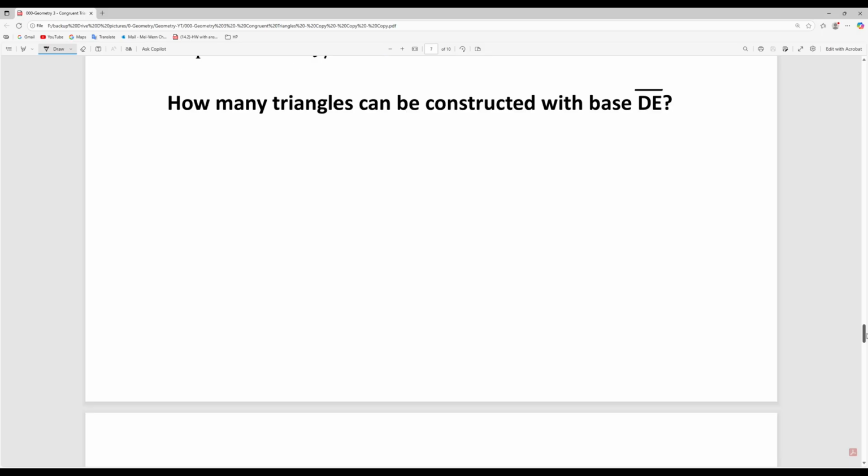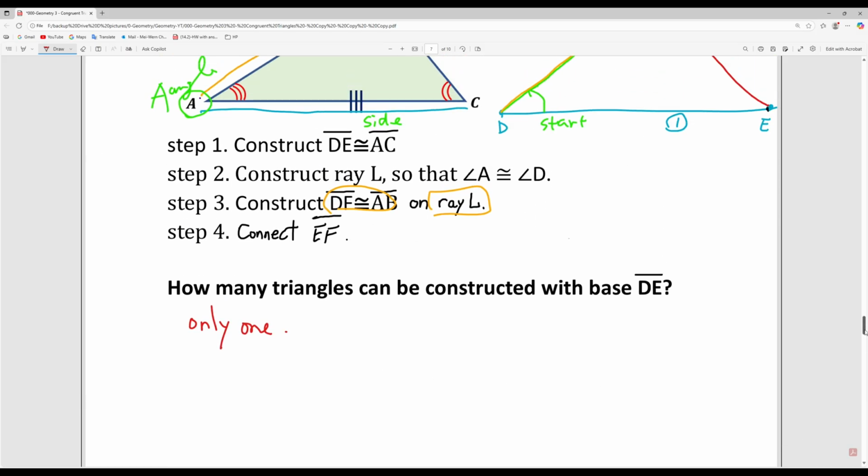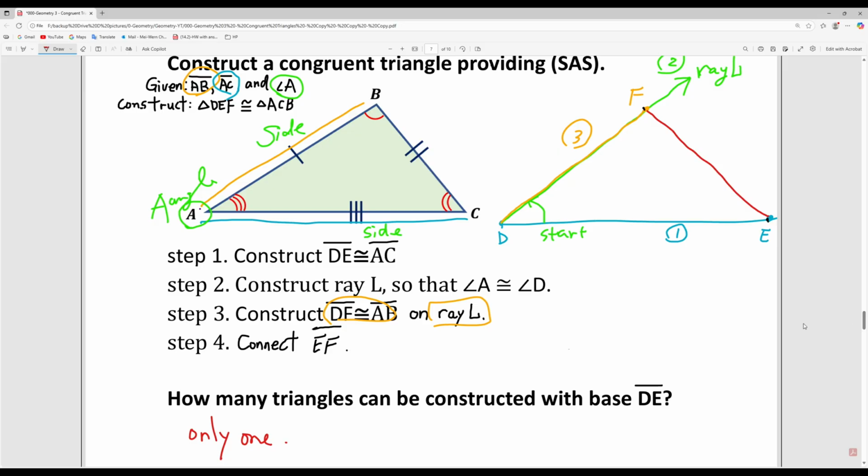We talk about, so I will say only one. Change color. So only one means when you try to draw on top, you try to follow the same steps and draw a triangle on top of the original triangle. This is the original one.